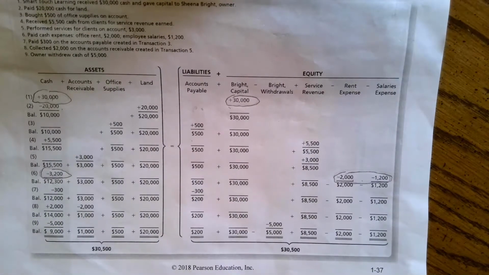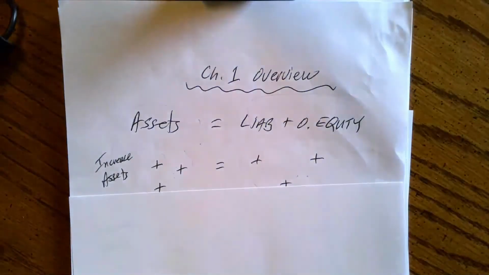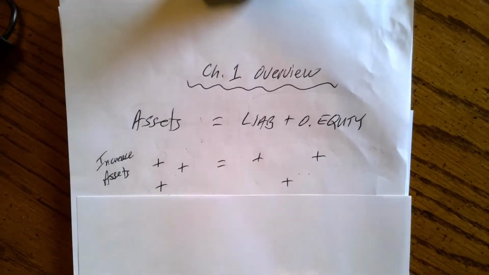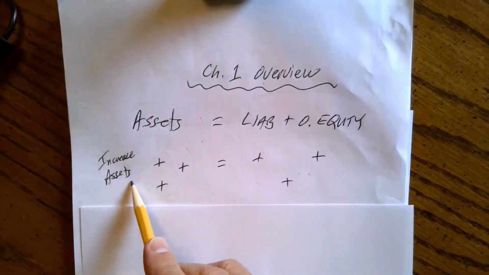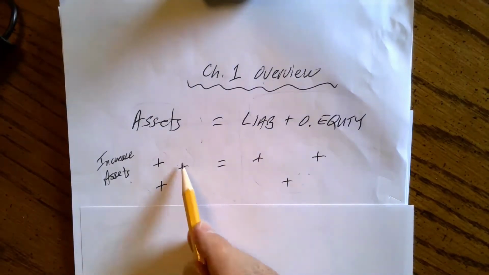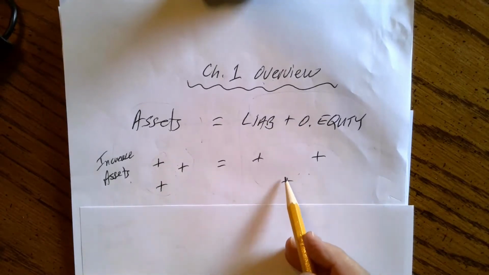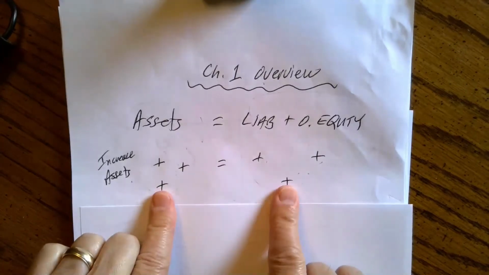Now I want to show you a less busy view of the Chapter 1 big picture, taking away the accounts. This is an overview of Chapter 1. As assets are increased in total, we showed them in Chapter 1 by a plus sign, and we had increased either liabilities or owner equity to keep the two sides in sync.